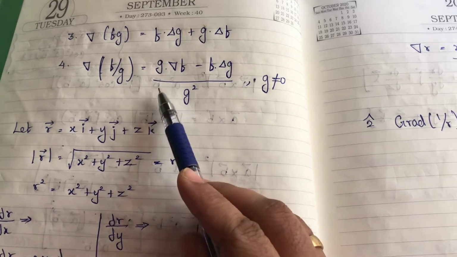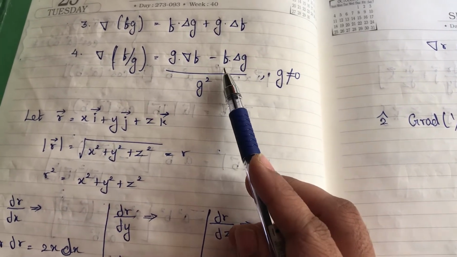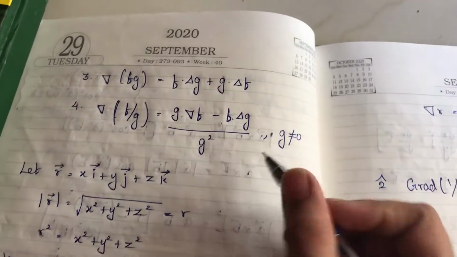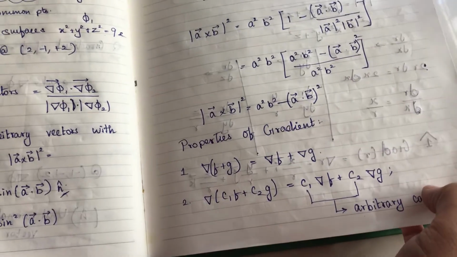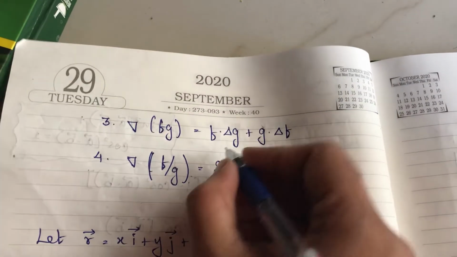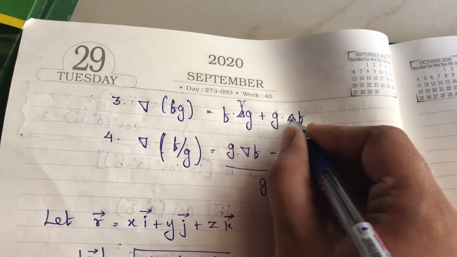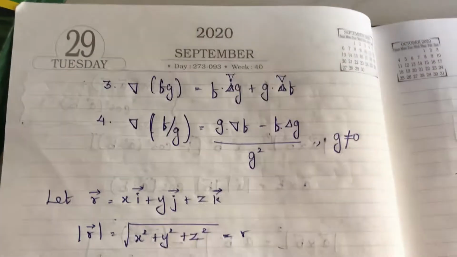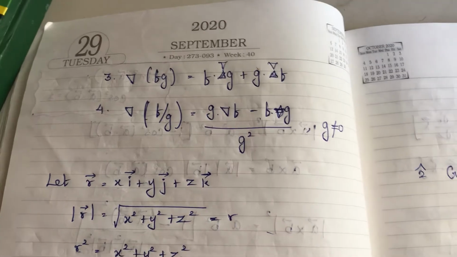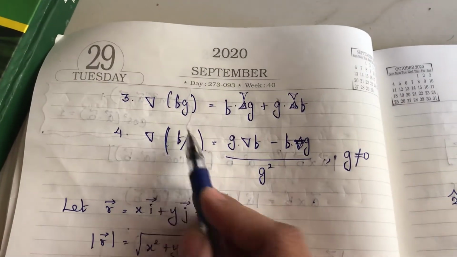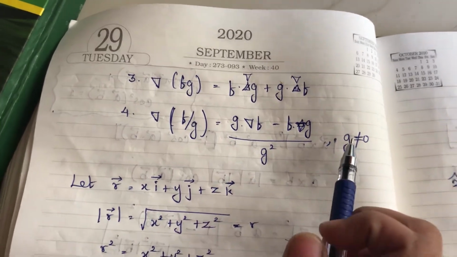So F by G is equal to G into del F minus F into del G, by G square, where G is not equal to 0.